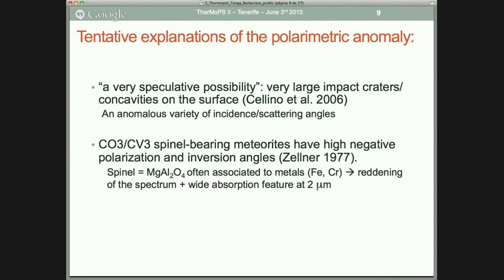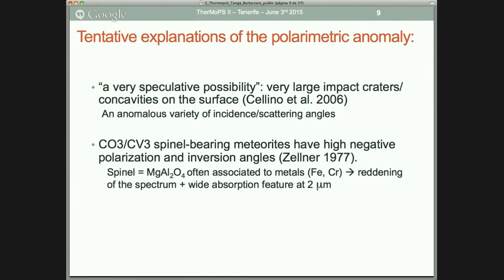You can have chromium or iron inside, and the iron variety, which is also called hercynite, can exhibit this wide absorption feature at 2 micron. Basically, this is the only mineralogy that does not introduce other absorption features at other wavelengths that we don't observe in L-type asteroids. So that's why this is a good candidate for explaining the spectrum of L-types.